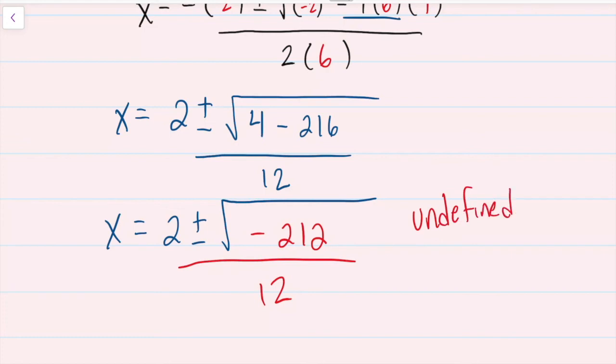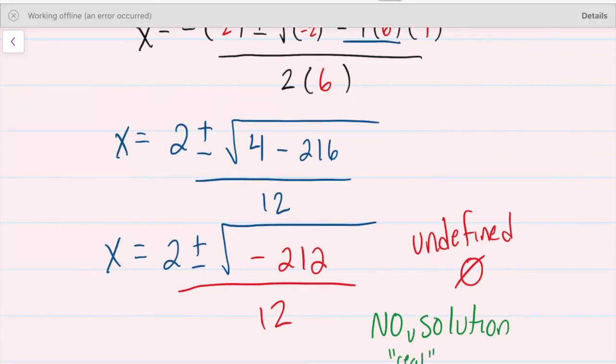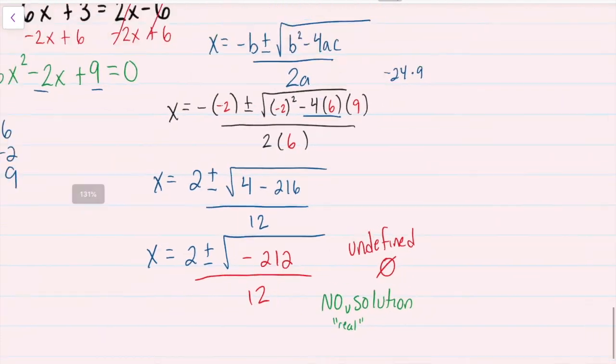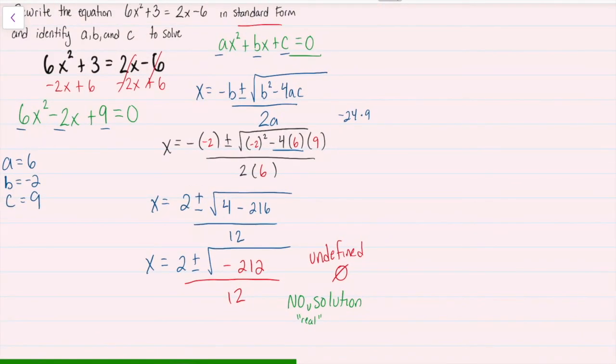The symbol for undefined is this, but in quadratics and parabolas, we basically say there is no solution or no real solution. Some people like to say that. But anyways, it's not real, it's not possible because the number inside the square root is a negative number. And that's how you use the quadratic formula to find the answers in a parabola.